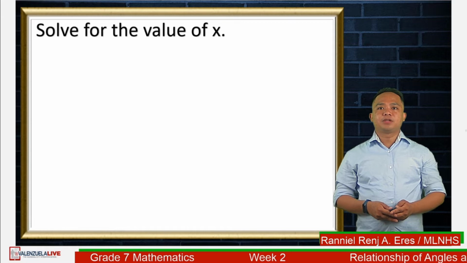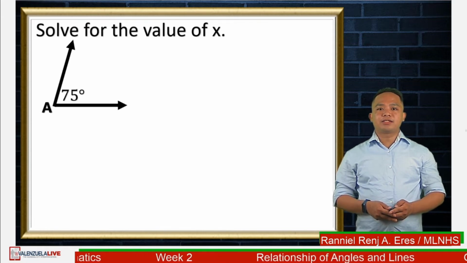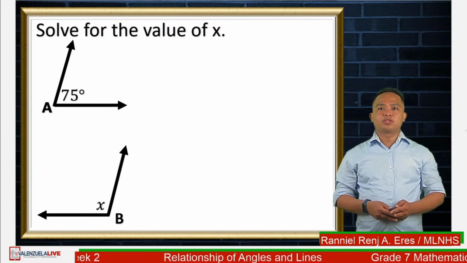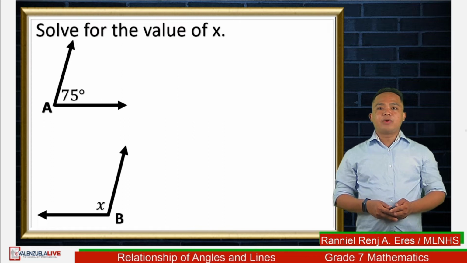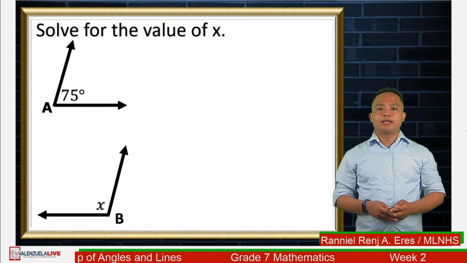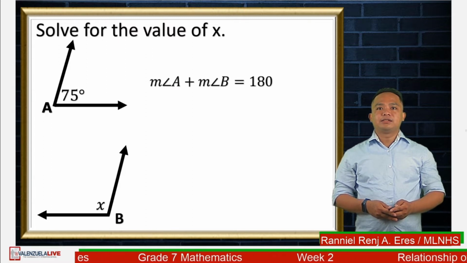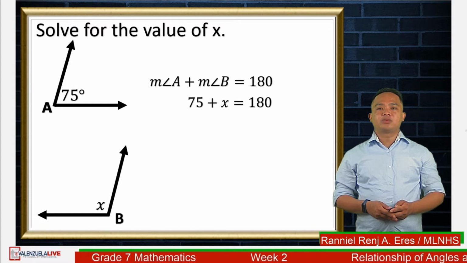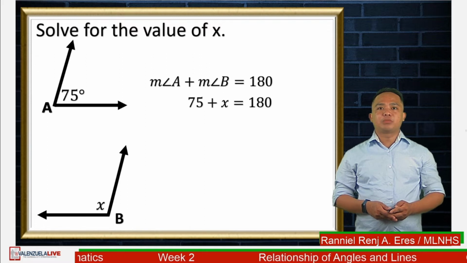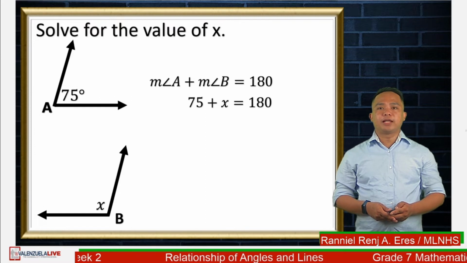Next, let us solve for the value of x. Observe the given angles that we have here. We have angle A equal to 75 degrees, and our angle B is unknown. So assuming that these two angles are supplementary, then the sum must be equal to 180 degrees. So we have the measurement of angle A, which is 75, plus the measurement of angle B, which is unknown, and it must be equal to 180.